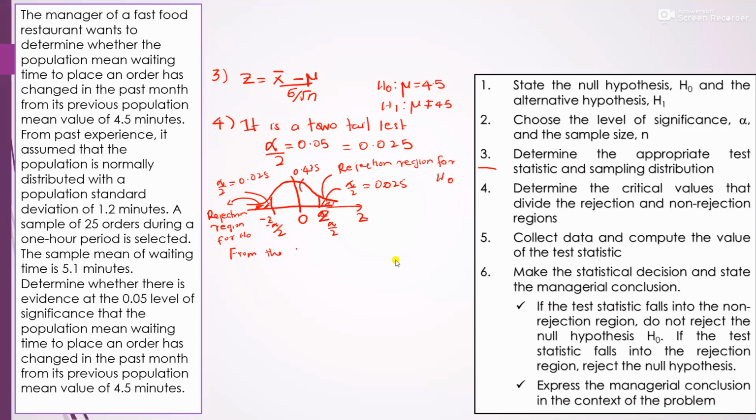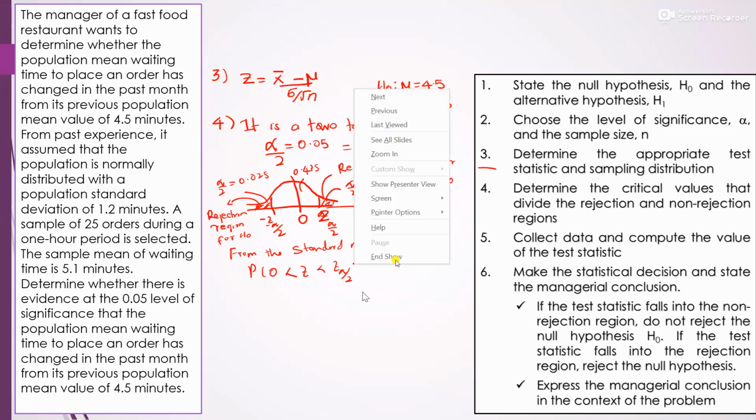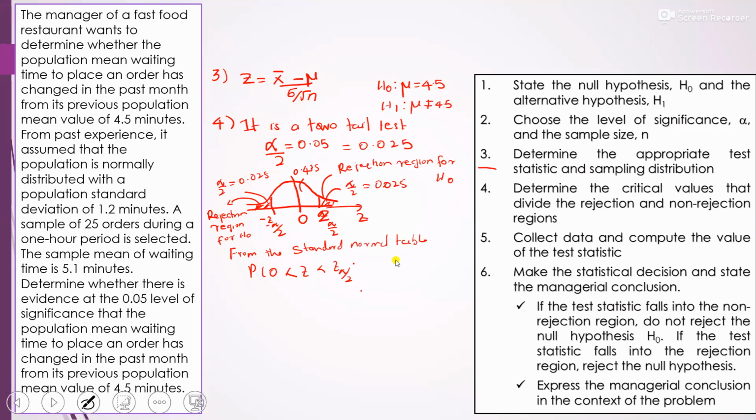The probability of 0 less than Z less than Z alpha by 2 is equal to 0.475.